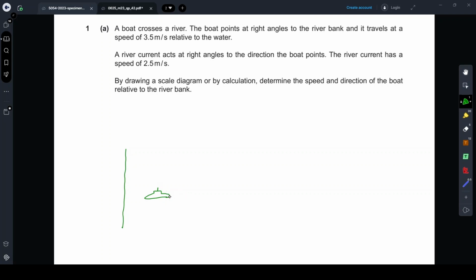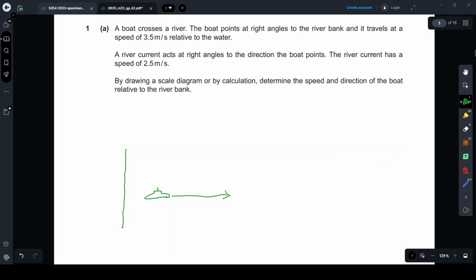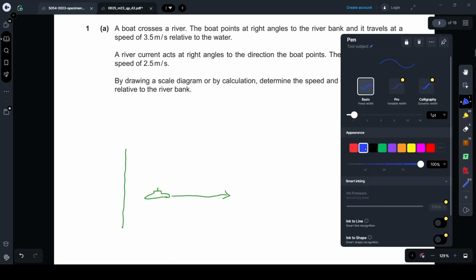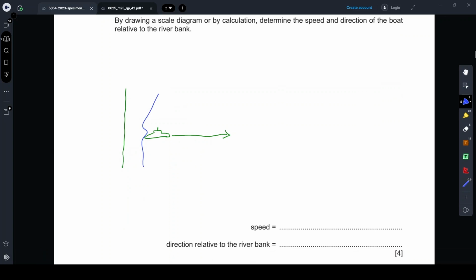And it's moving this way, and you have the river flowing, so all the water going, and its current is at right angles to the direction the boat is pointing.